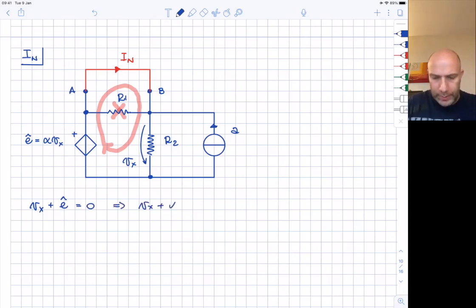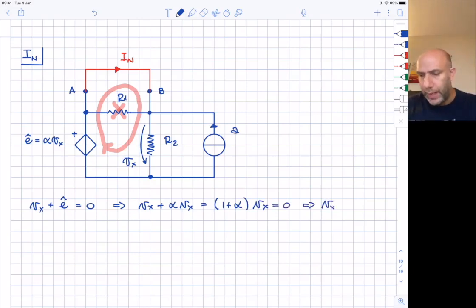So Vx plus alpha Vx, or 1 plus alpha Vx, is 0. And this is true only if Vx equals 0. So if we short circuit the two terminals, we have found that Vx is 0. And if Vx is 0, also E is 0.